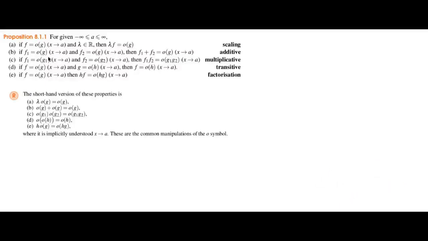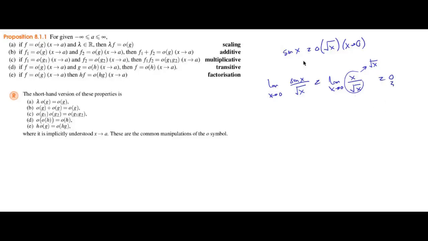We have that the sine of x is small o of the square root of x when x goes to 0. Okay, so we know that the limit when x goes to 0 of the sine divided by the square root of x, we know that the sine is approximately equivalent to x, right? So this is the same as the limit when x goes to 0 of x divided by the square root of x, which is the square root of x. So this is 0, right?